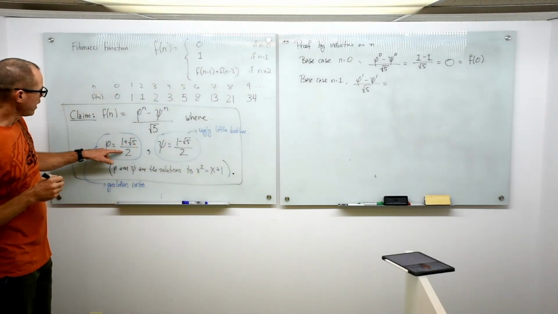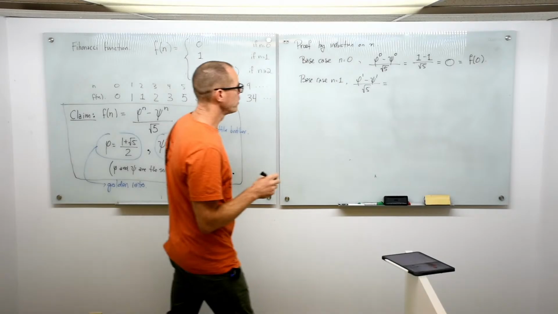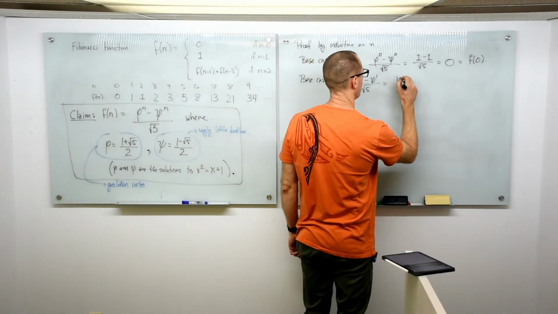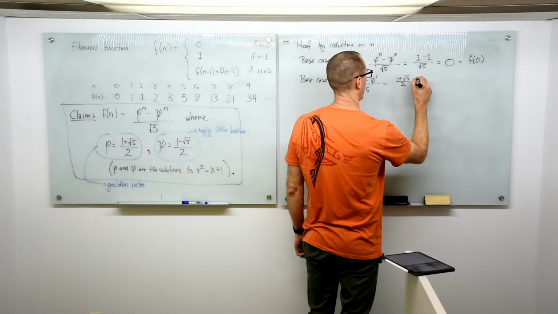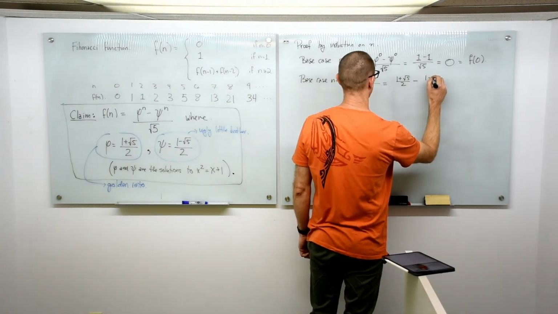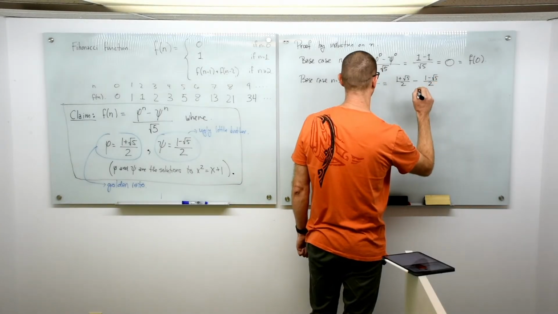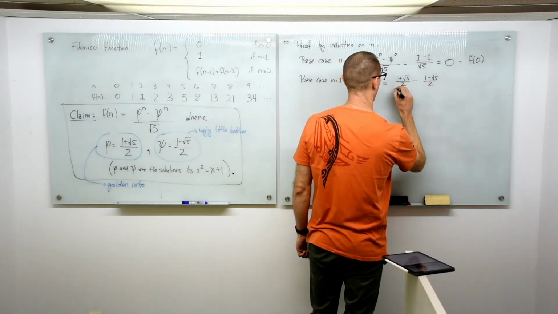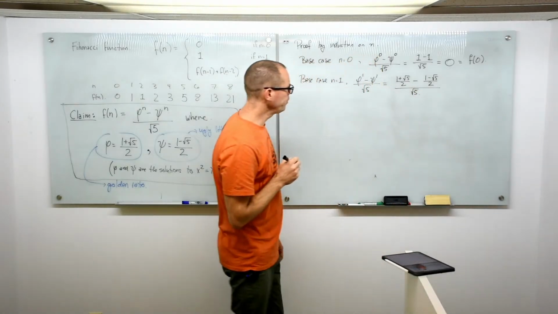So we actually have to look at the definition of phi and psi. So we get 1 plus square root of 5 over 2 minus 1 minus square root of 5 over 2, all divided by square root of 5.